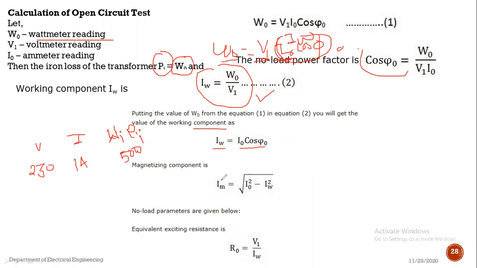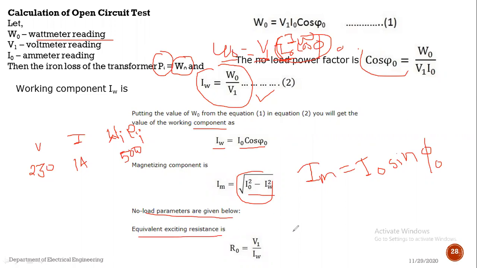And the magnetizing component under root of I0 square minus IW square न पण calculate करू शकतो, or we are able to calculate IM is equals to I0 sin phi 0. And no load parameter, that is equivalent circuit parameter at the no load condition, is nothing but equivalent exciting resistance, that is R0. R0 is equals to, what is R?